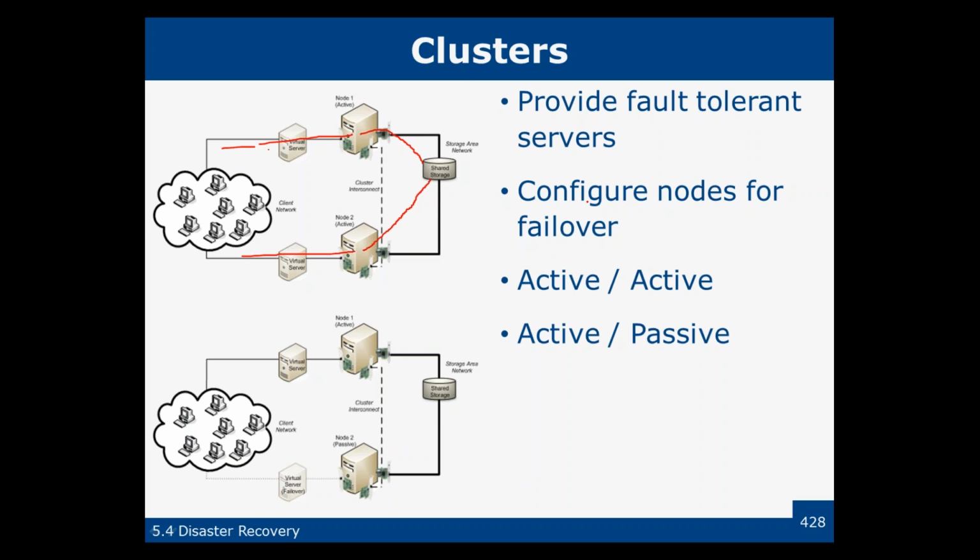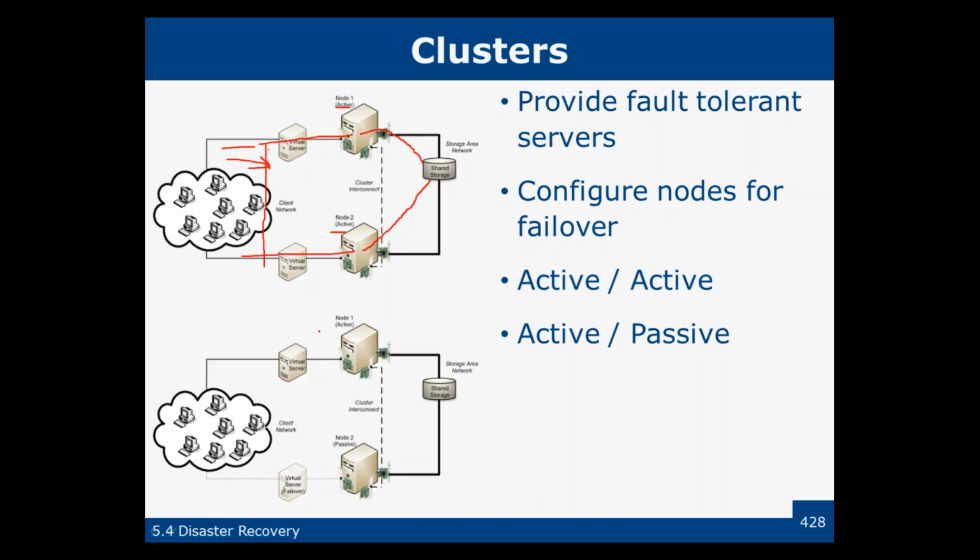We can configure the nodes for failover. This one is an active-active, which means both of them are operating, both of them are taking data. We're going to have a cluster controller that's going to have a virtual IP address. It's going to get the information and then send it to one cluster member or another.